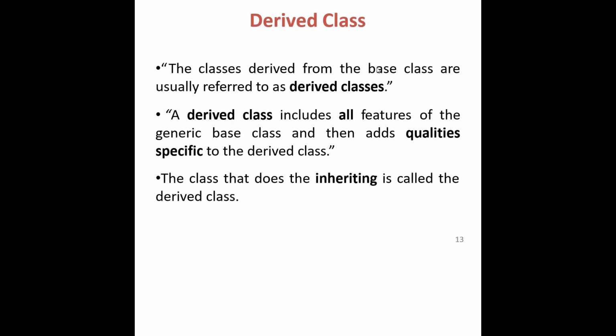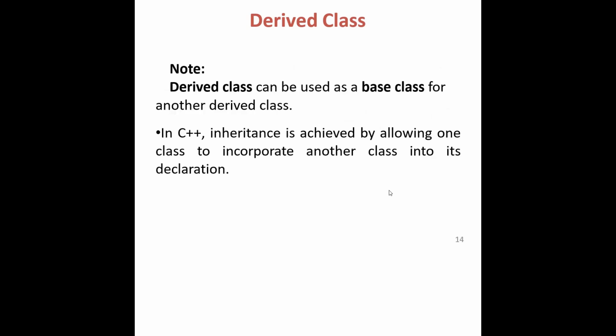Now, the second concept of inheritance is the derived class. The classes derived from the base class are usually referred to as the derived classes. A derived class includes all features of the generic base class and then adds qualities specific to the derived class. Next point, the class that does the inheriting is called the derived class.